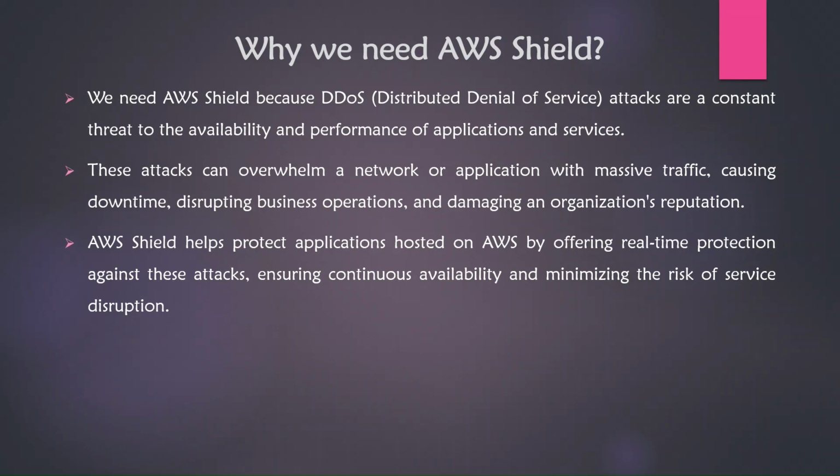These attacks can overwhelm a network or application with massive traffic, causing downtime, disrupting business operations, and damaging an organization's reputation. AWS Shield helps protect applications hosted on AWS by offering real-time protection against these attacks, ensuring continuous availability and minimizing the risk of service disruptions.